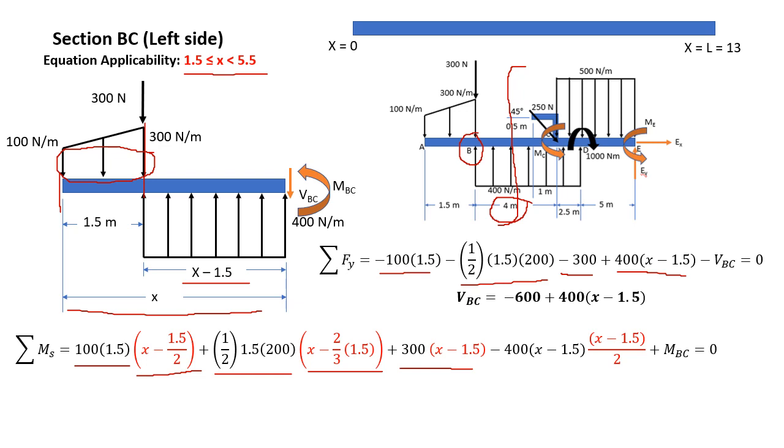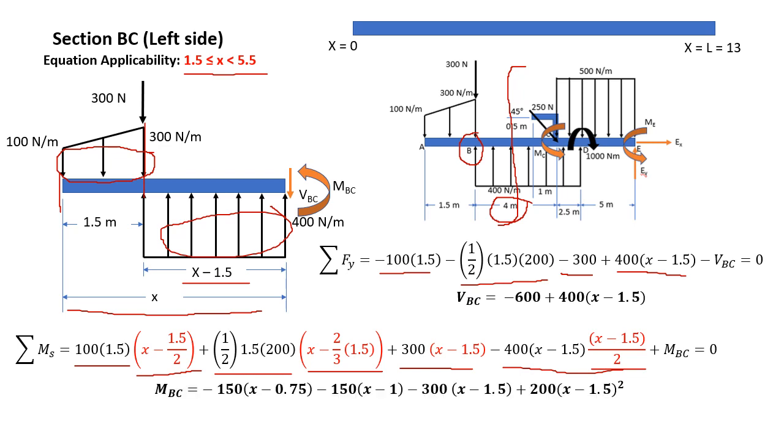And then, lastly, negative 400 times x minus 1.5, that's the area of the rectangle, and x minus 1.5 over 2 is the distance of the centroid of this large rectangle here from the section. Don't forget plus MBC. And simplifying the equation, we have negative 150 times x minus 0.75 minus 150 times x minus 1 minus 300 times x minus 1.5 plus 200 times x minus 1.5 squared.